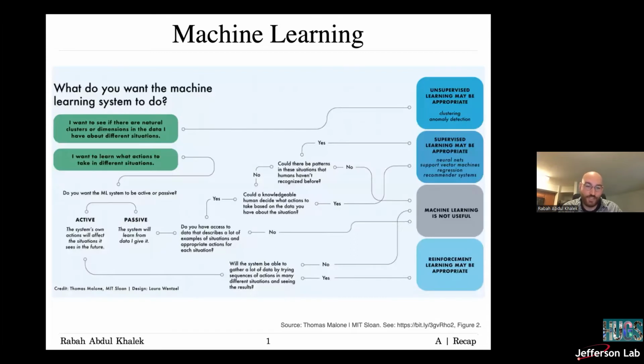So the first slide I would like for you to dive into is also a question we discussed yesterday. When do you need machine learning? Let's say you have a problem and you're trying to incorporate machine learning to solve it. The first question you're going to ask is: am I trying to find hidden patterns in my data and classify my data into clusters without me knowing the classes of this data?